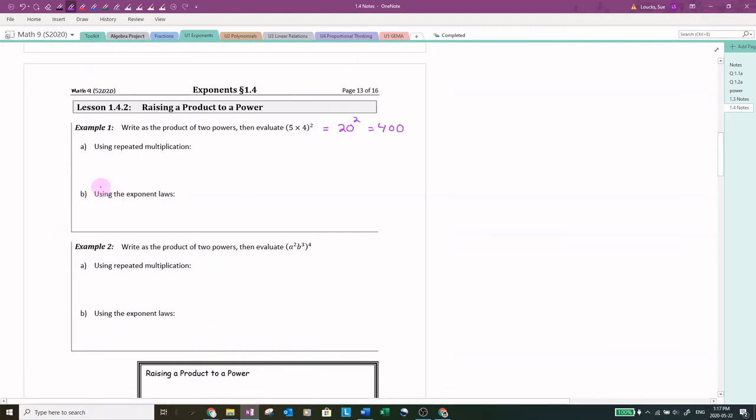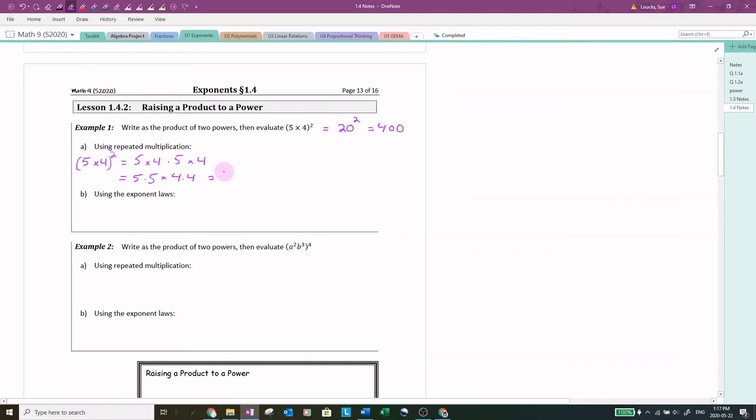So let's try doing it using repeated multiplication. 5 times 4 all squared equals 5 times 4 times 5 times 4. And I can rearrange that to be 5 times 5 times 4 times 4, right?